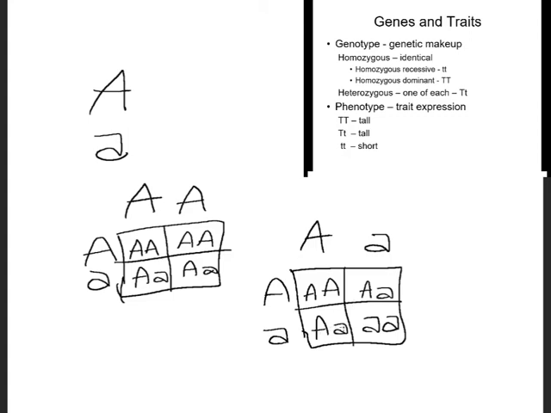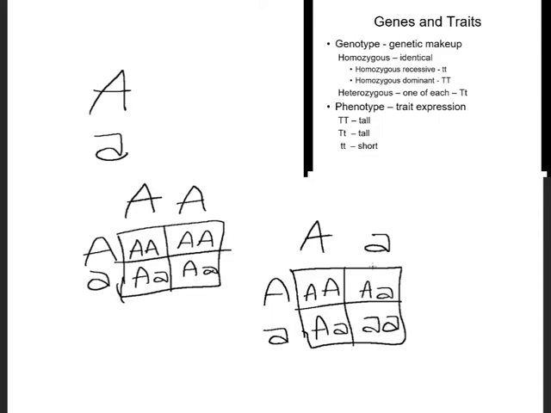If I ask you what the phenotypic distribution is, you would say 75% dominant, because these three right here, homozygous dominant and heterozygous, those are all dominant phenotypes, and this is 25% homozygous recessive, or the recessive phenotype. So 75% dominant, 25% recessive, that would be the phenotypic ratio. Genotypic ratio, 25% homozygous dominant, 50% heterozygous, 25% homozygous recessive, okay?